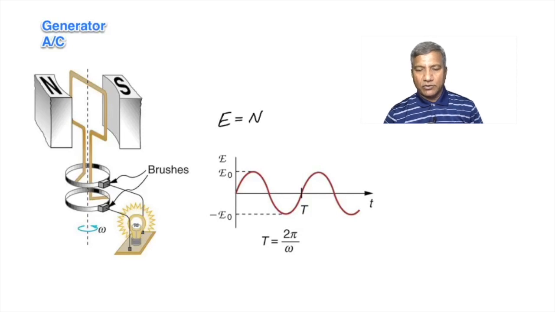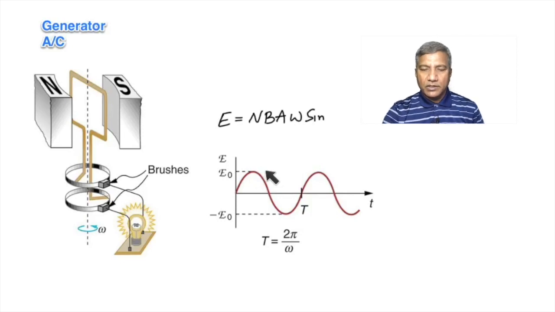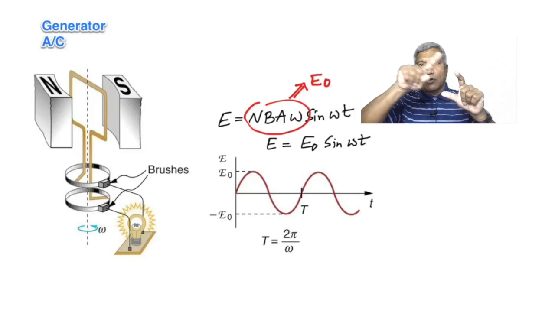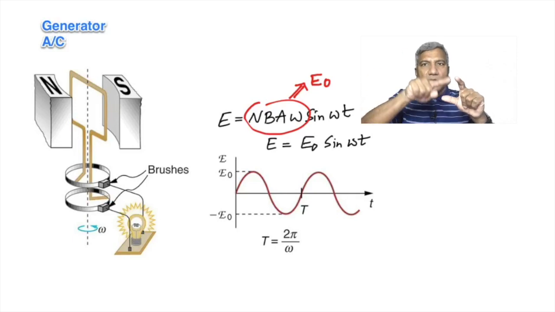All right, so look at the nature of the current or the EMF produced. That's why it's called alternating, because in one half cycle it's positive, in the next half cycle it's negative, and again it goes positive. So that means it first flows through the coil in one direction, then it flows through the coil in the opposite direction.